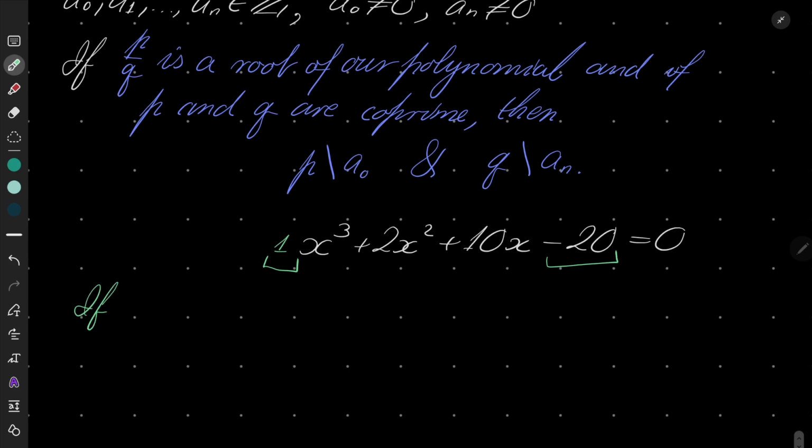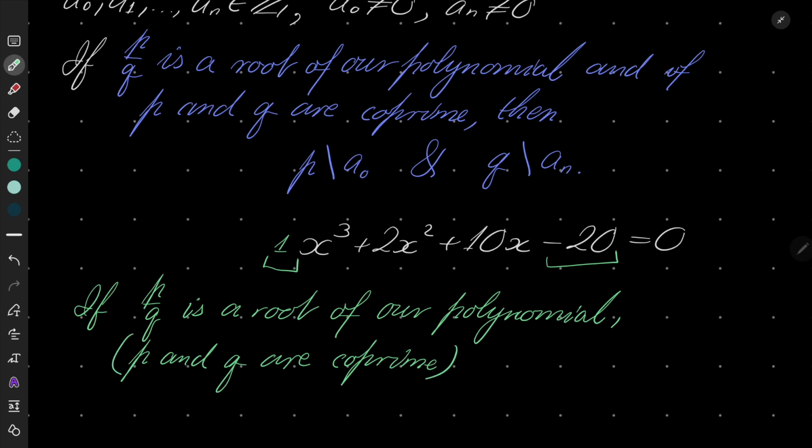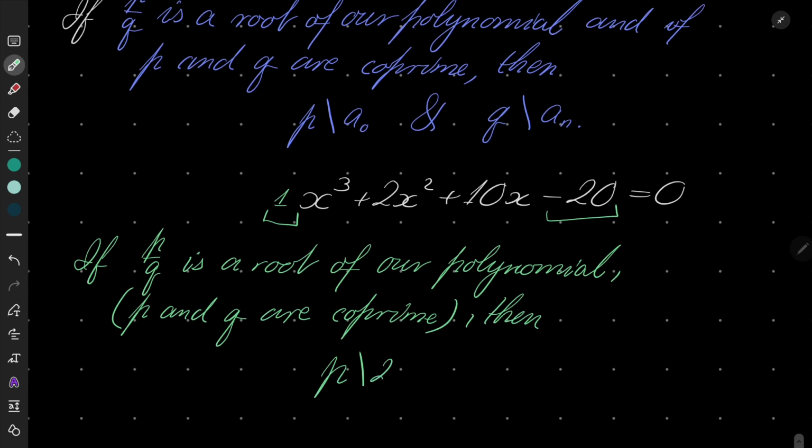So if p over q is a root of our polynomial, and p and q are co-prime, then p must be a divisor of 20 and q must be the divisor of 1.